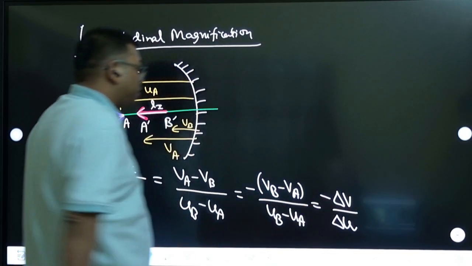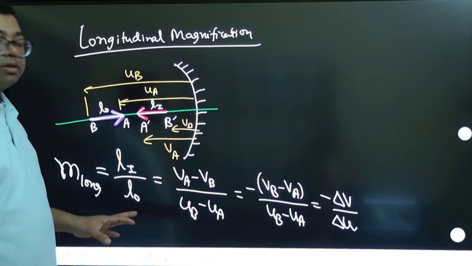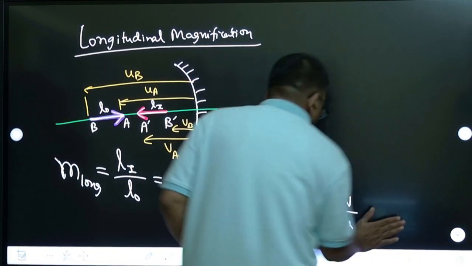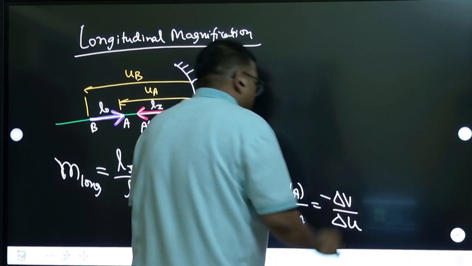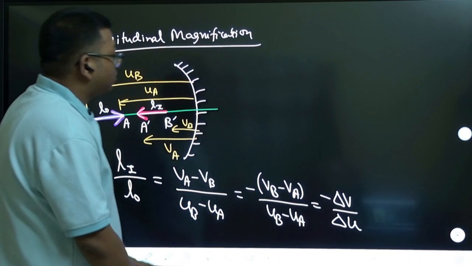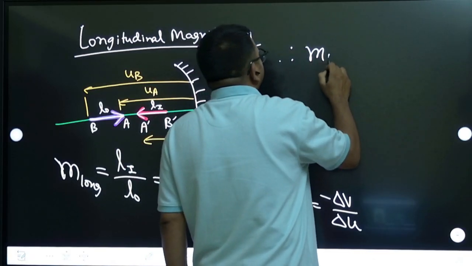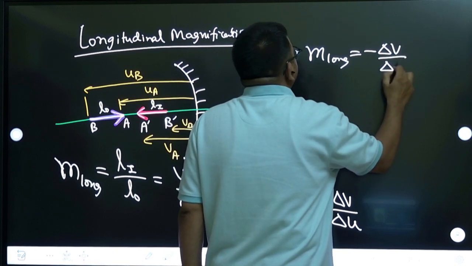That is the idea. So the longitudinal magnification becomes minus delta v by delta u.